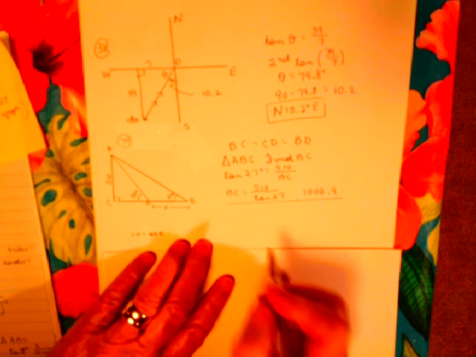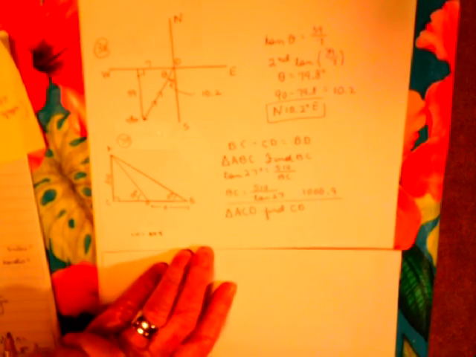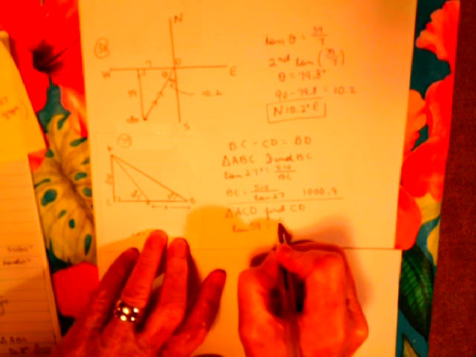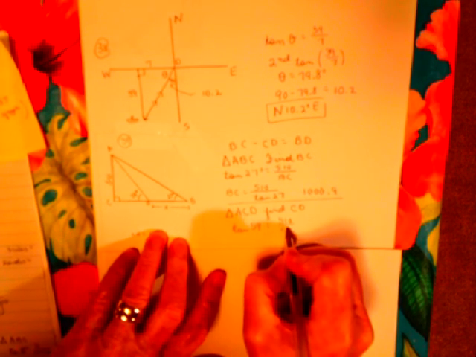Now, working with triangle ACD, find CD. I'm going to use tangent again. Tangent of 59 degrees equals 510 over CD.